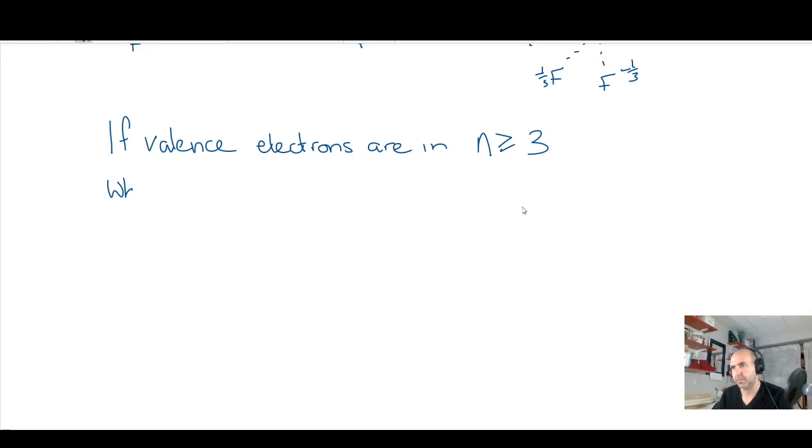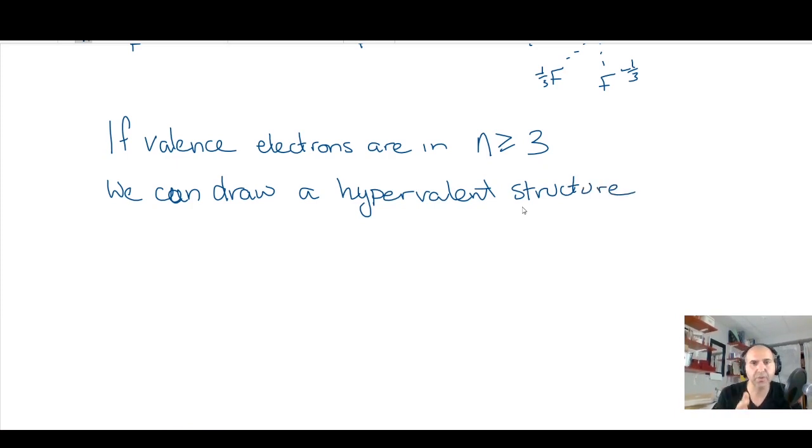So this means things like sulfur or phosphorus could be hypervalent, for example, or chlorine could be hypervalent, but definitely not something like nitrogen or oxygen or fluorine, or carbon.